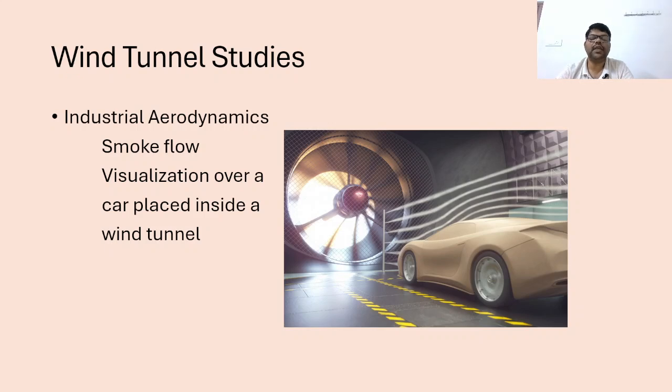In this picture, you can see an automobile placed inside the wind tunnel. Over the automobile, parallel streams of smoke are passed, and the flow pattern over the automobile, that is the race car, is visualized with the help of the wind tunnel. So these are a few areas where direct measurements are exhaustively used.